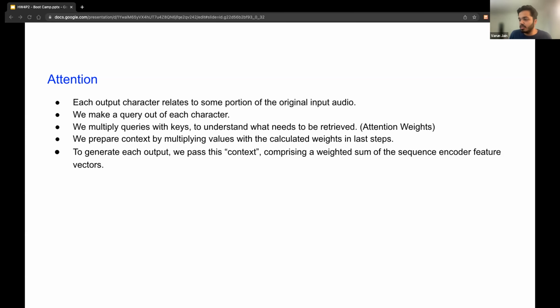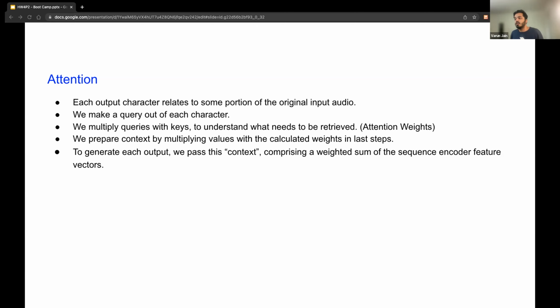spaces. We make a query out of each character, as Abu suggested, and you can look at it from a database perspective, where you fire a query, calculate against all the keys, and then return the values. So we make a query out of the character and multiply it with the keys to understand what needs to be retrieved.